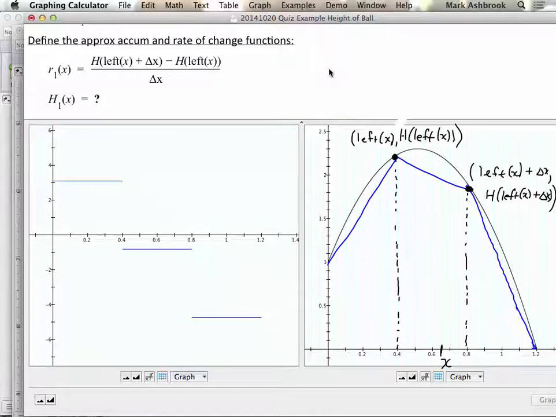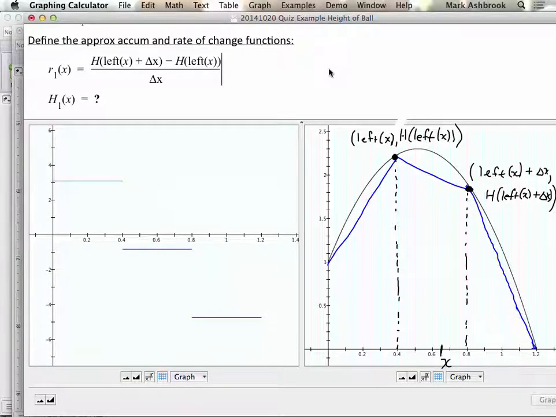Okay, so now that we have those rates, the process that we're thinking through is exact accumulation, approximate accumulation, and then approximate rate of change, and then exact rate of change. But in creating the functions, the order kind of flips a little bit.